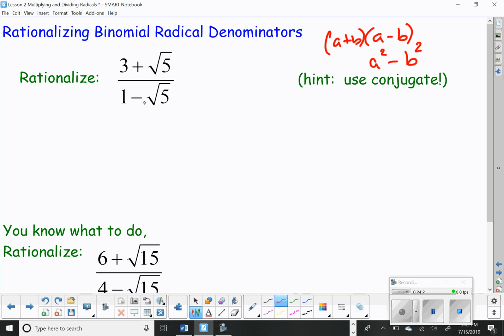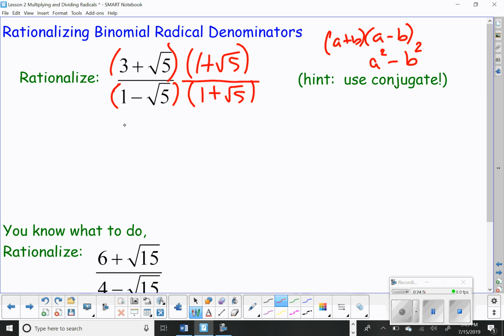So instead of 1 minus root 5, I'm going to multiply the top by 1 plus root 5 and the denominator by 1 plus root 5. You make the second term negative, not both terms. Now, the numerator, yes, you have to FOIL it out.